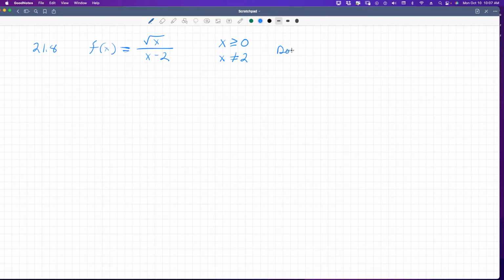The domain of f is equal to x being a member of the set of all real numbers such that x is greater than or equal to 0 and x is not equal to 2.